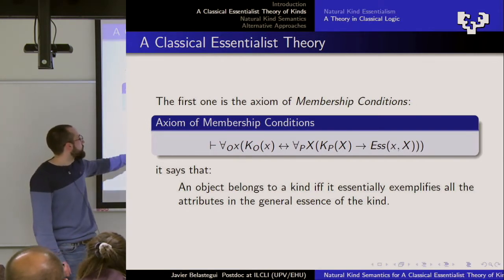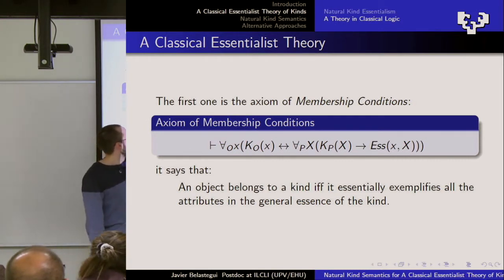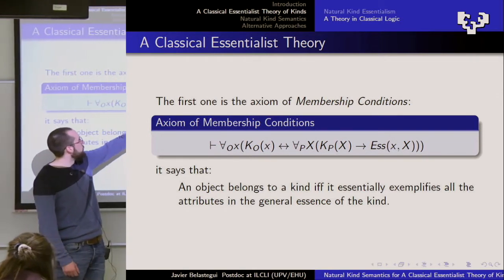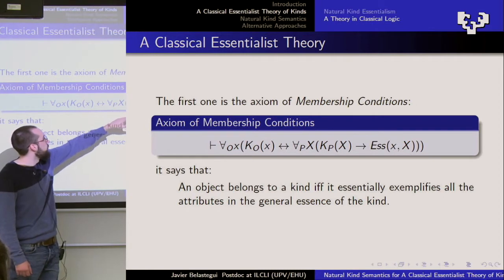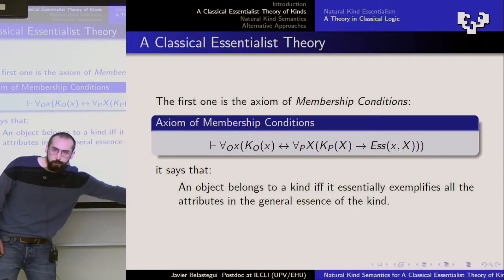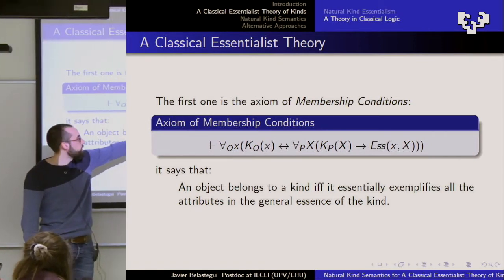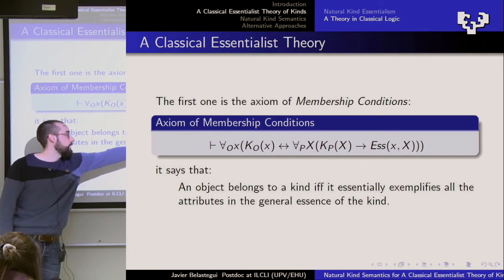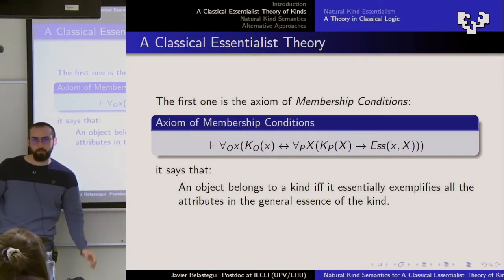For every object x, x belongs to a kind K if and only if for every property X, if the property is in the essence of the kind, then the object has it. To put it in natural language: an object belongs to a kind if and only if it has essentially all the properties or attributes in the essence of the kind.